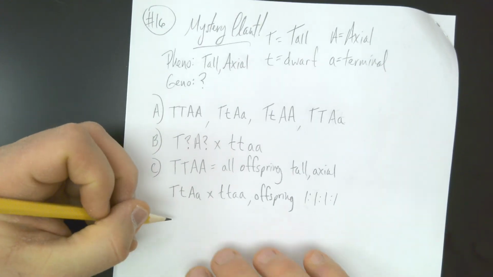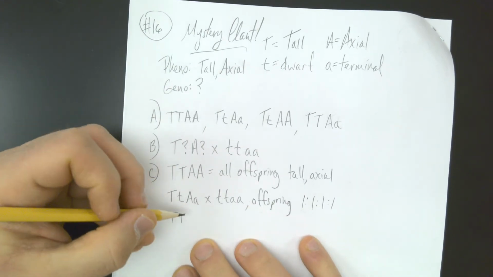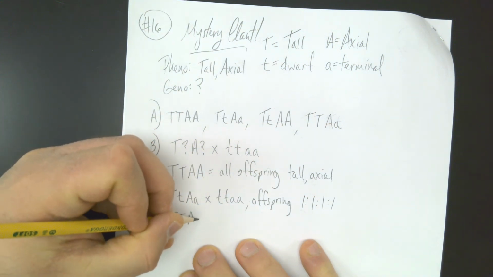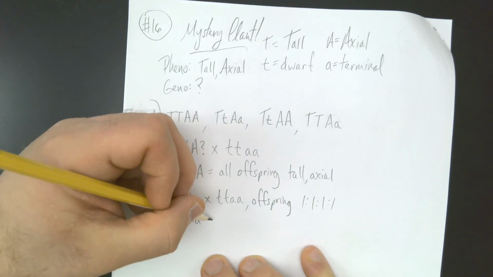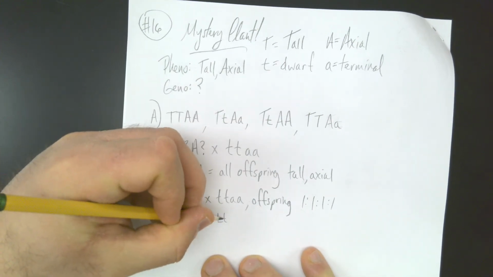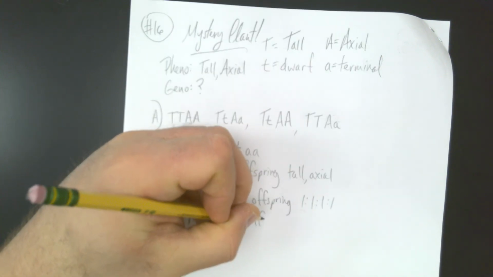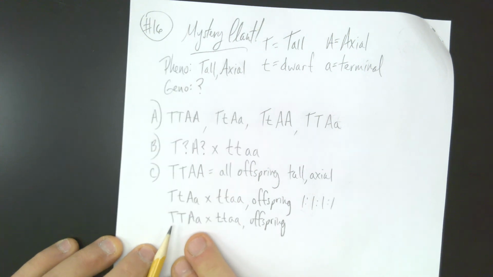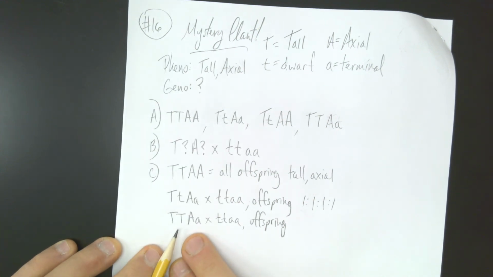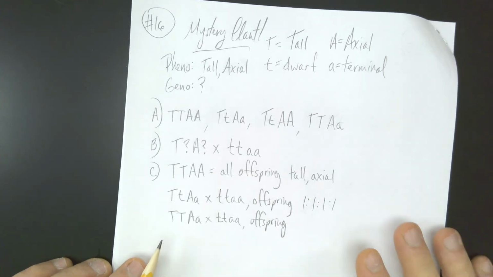What if you have a scenario where the mystery plant is tall and homozygous dominant for height and heterozygous for flower position, and again you do your test cross? In that scenario, they would all be tall, and half of them would be tall with axial flowers and half would be tall with terminal flowers.